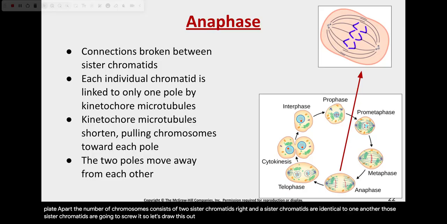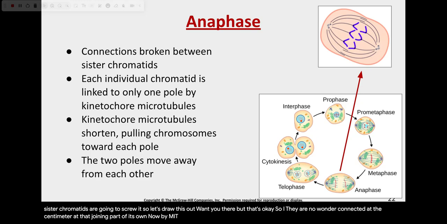All right, so I have split my chromosomes. My sister chromatids have split apart. They are no longer connected at the centromere, that joining part of the chromosome.